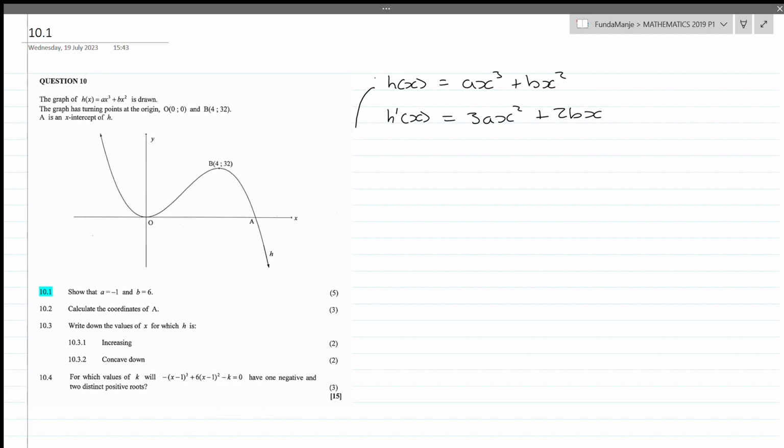If I work with my first equation, the original one that describes the curve, I will have y is equal to ax cubed plus bx squared, and I have a coordinate that I can sub into there, which is B. So doing that, I'm going to have 32 is equal to a times 4 cubed plus b times 4 squared, which is 64a plus 16b.